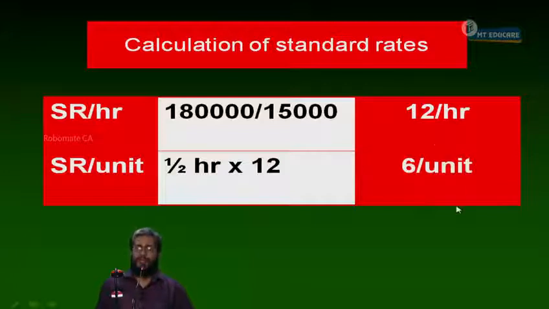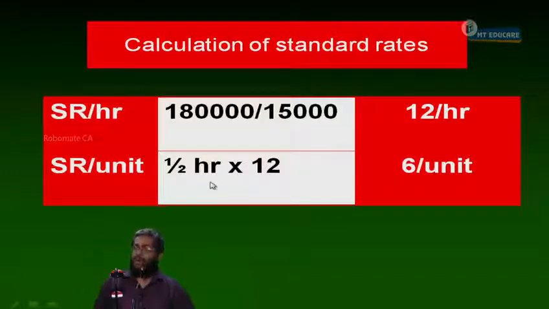The budget says, to produce every unit, what variable overheads are allowed? 6 rupees. When you work every hour, what variable overheads are allowed? 12 rupees. Out of the two, the primary cost driver is hours, and secondary is units.